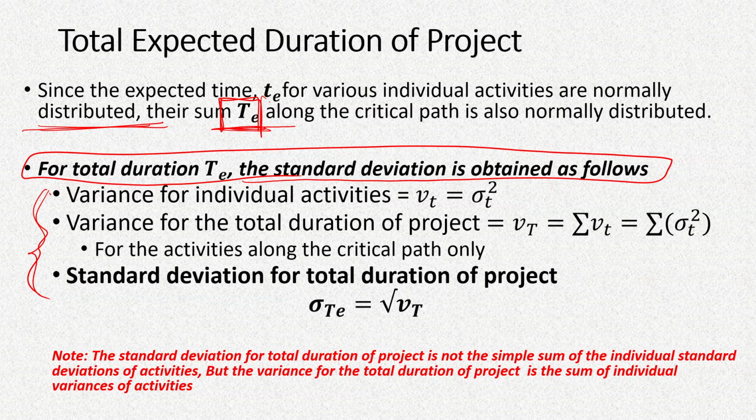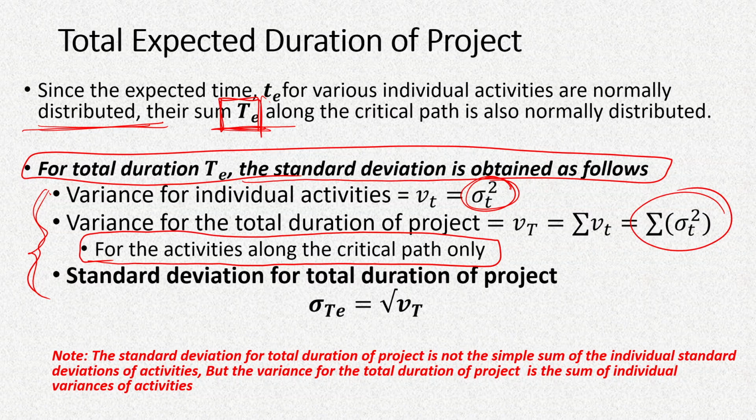The variance we have already calculated for individual activities, which is the standard deviation squared, and so the variance for the total duration will be simply the sum of the variances for the critical activities only along the critical path, and then we get the total variance. And the square root of this total variance will give us the standard deviation for the total duration of the project.